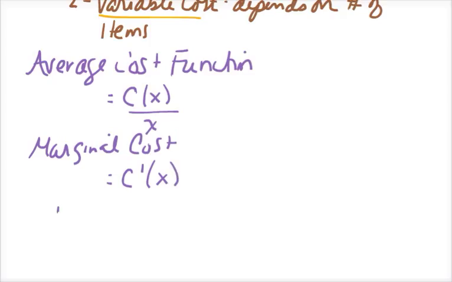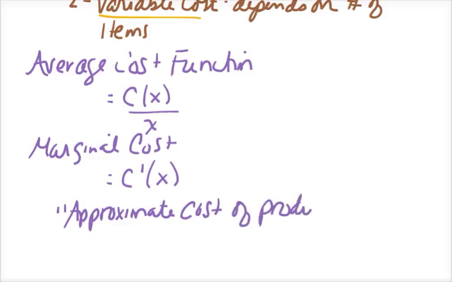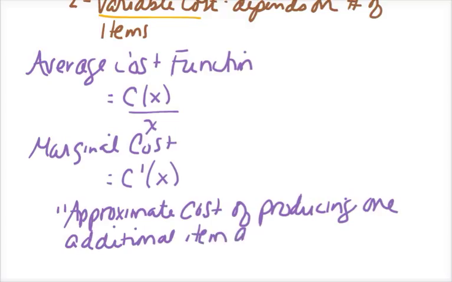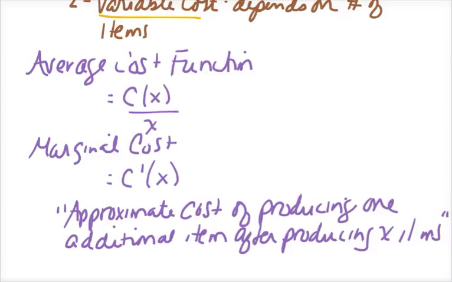All right, and again I'll write down it's the approximate cost of producing one additional item, one more additional item after producing x items. So that's what your marginal cost represents, and it's a derivative. It's the derivative of the cost function.